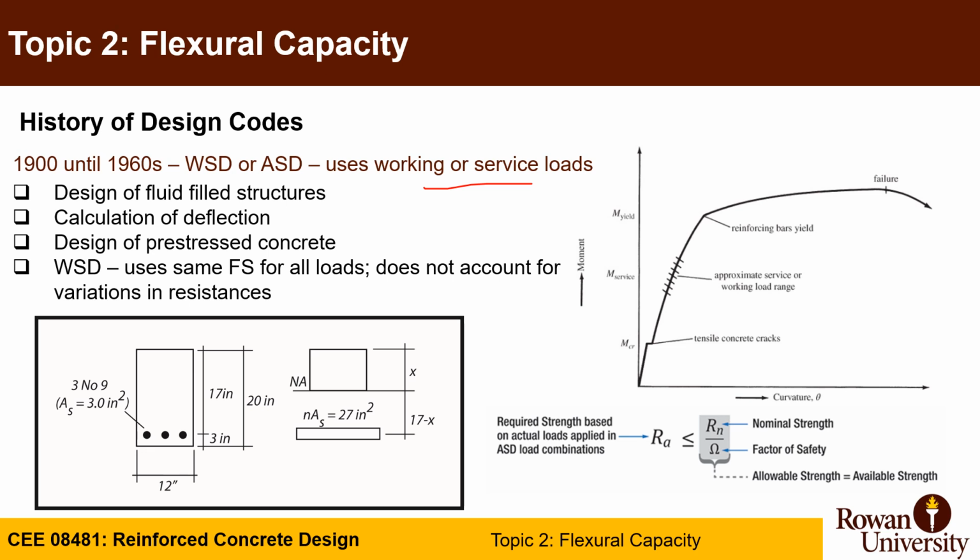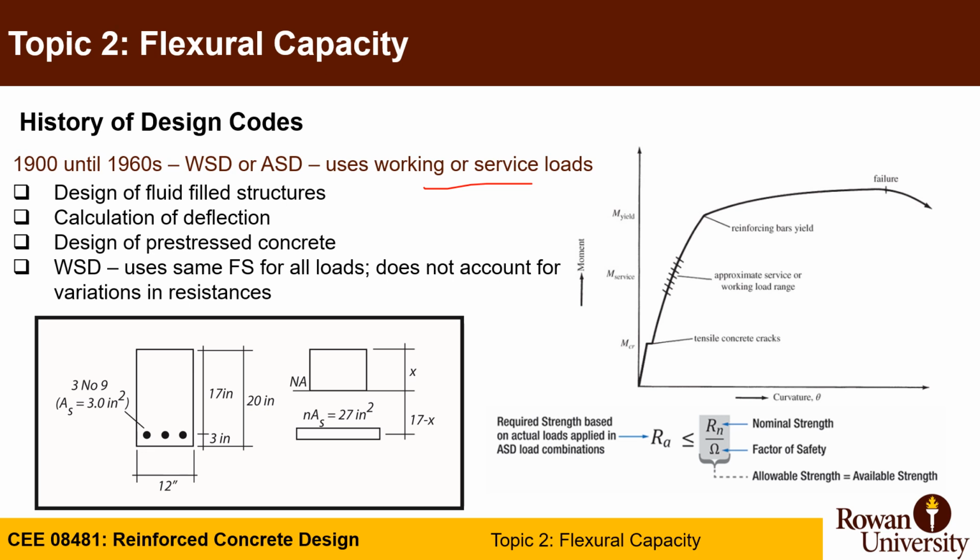You don't allow the concrete to reach the maximum compressive strength of f'c, or the steel to even yield. So you take factors to reduce f'c and also the steel stresses.